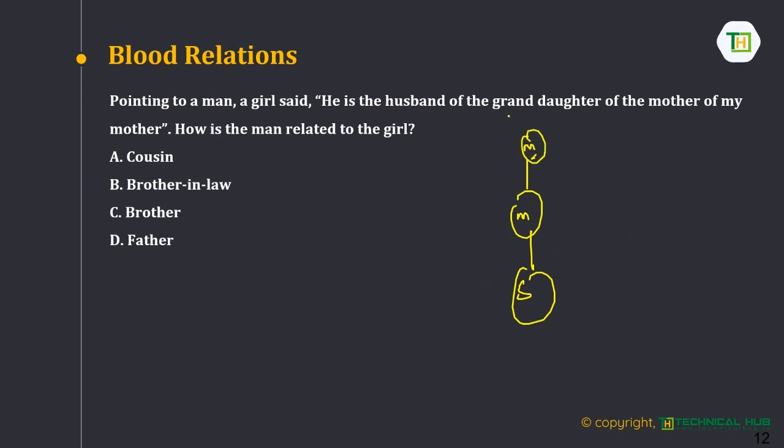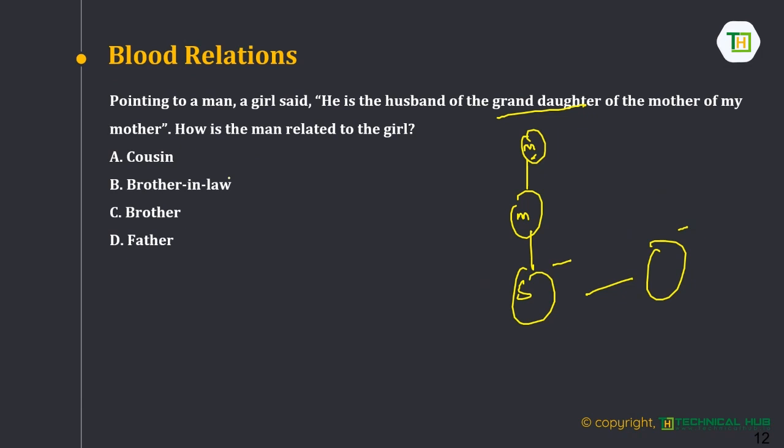That grandmother's granddaughter is either the speaker or the speaker's siblings. Exactly is not given here, only granddaughter. So the granddaughter of mother of my mother is taken as either the speaker or the speaker's sibling.